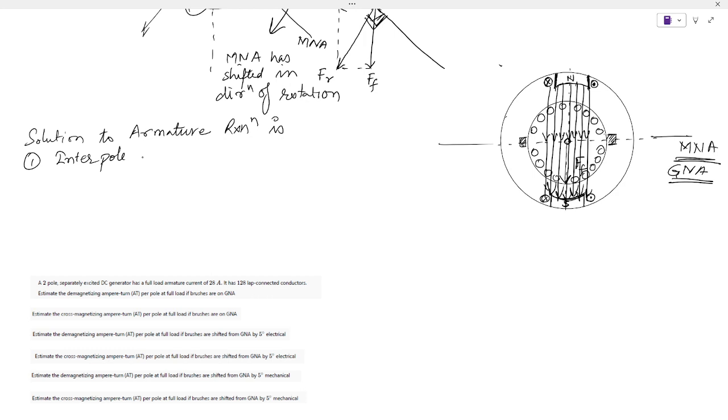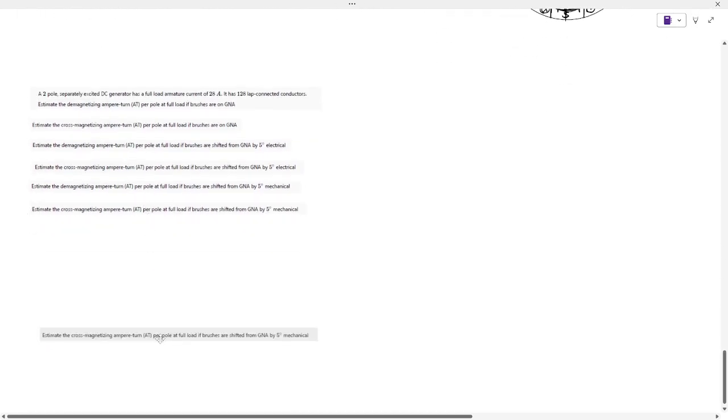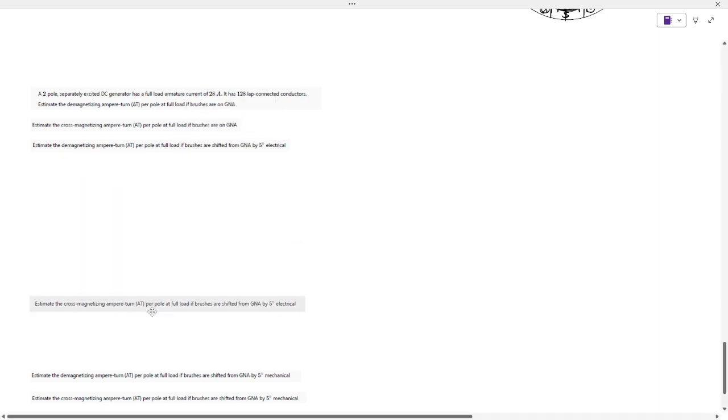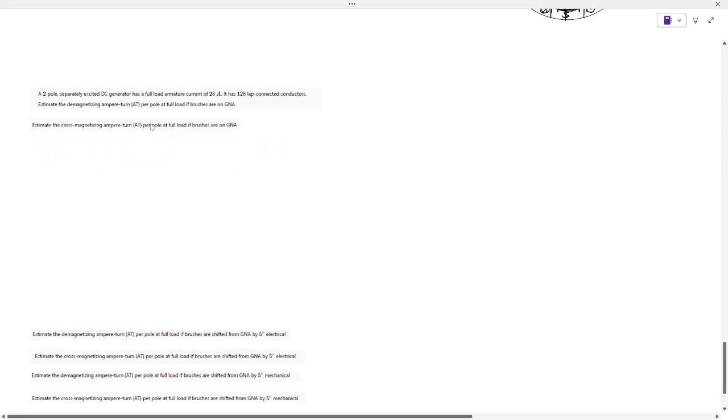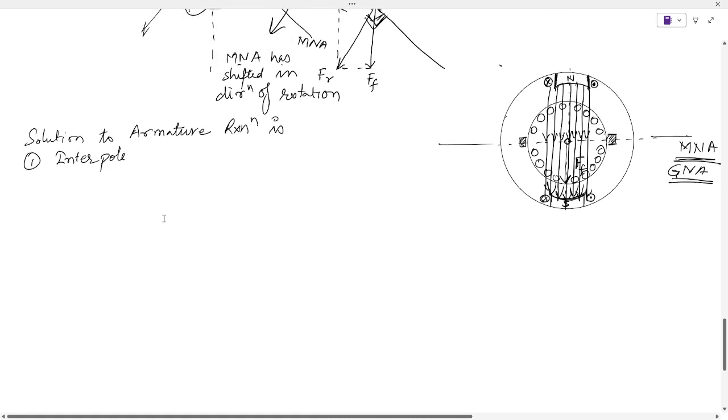What is an interpole? We have narrow poles in the interpolar region. They are placed such that the magnetic polarity in these poles is assigned so that they will cancel out the armature mmf, or armature flux.